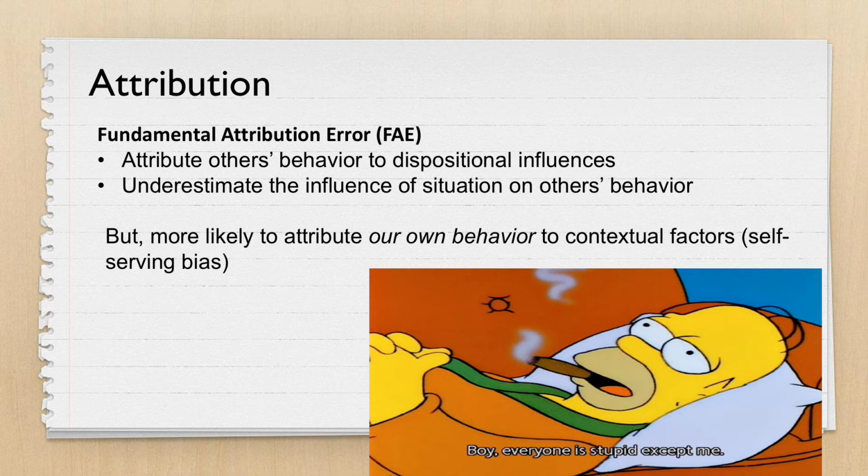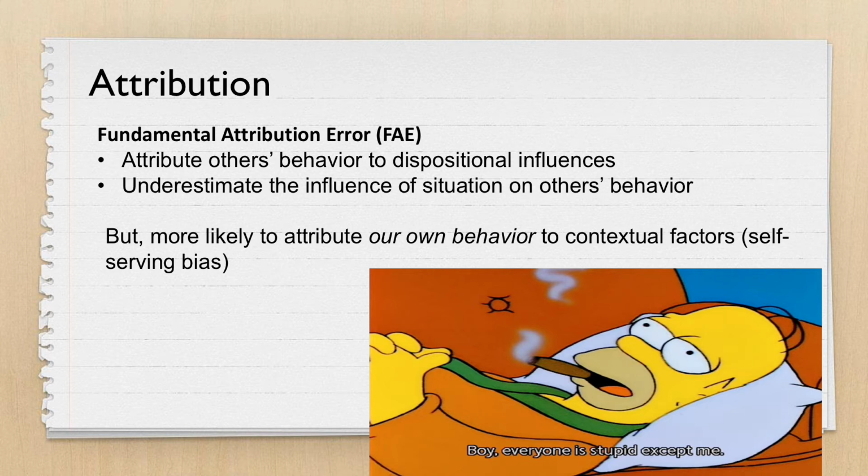So why do we engage in the fundamental attribution error? We attribute other people's behavior to dispositional influences and attribute our own behavior to situational factors. There are a few possible reasons. For one, we have a better knowledge of what's going on in our own world than what is going on in other people's world.